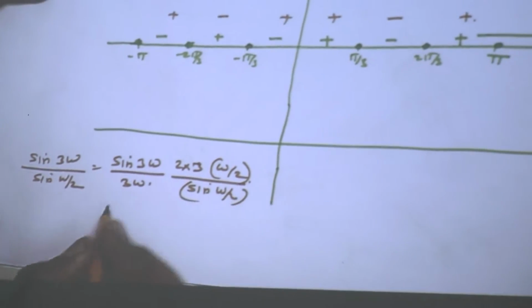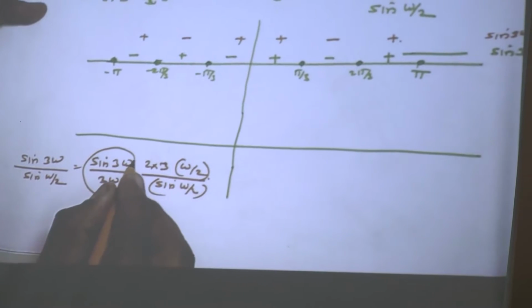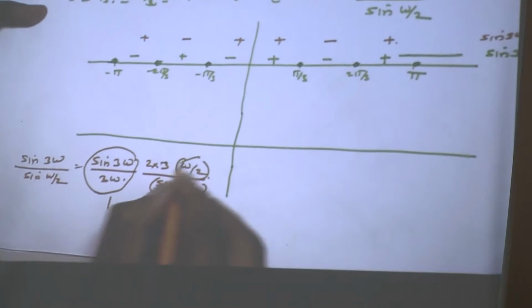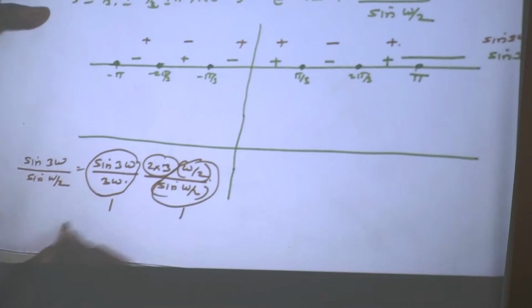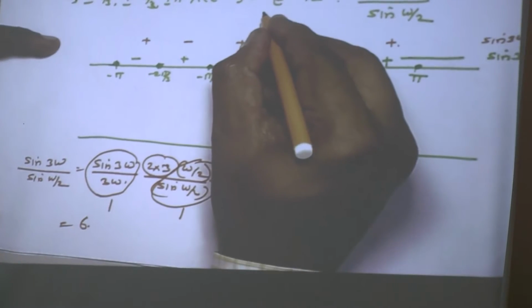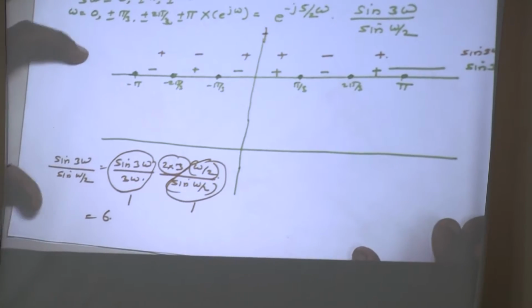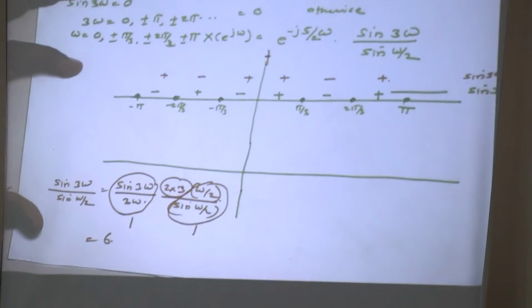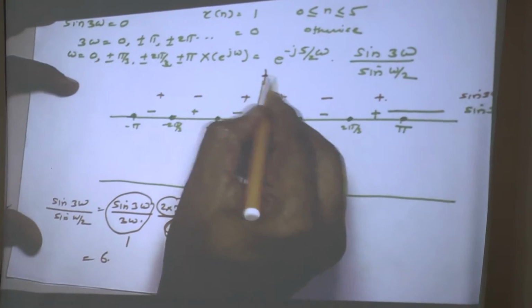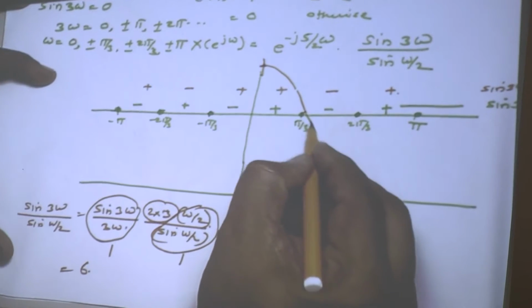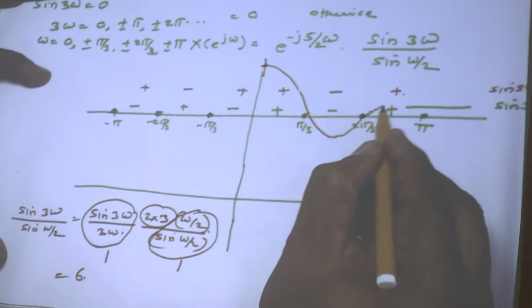This becomes 1, this becomes 1, so in all the value is 6. So this value is going to be 6 here somewhere, and then it alternates from positive to negative. So it has to be like this, a decaying sinusoid.